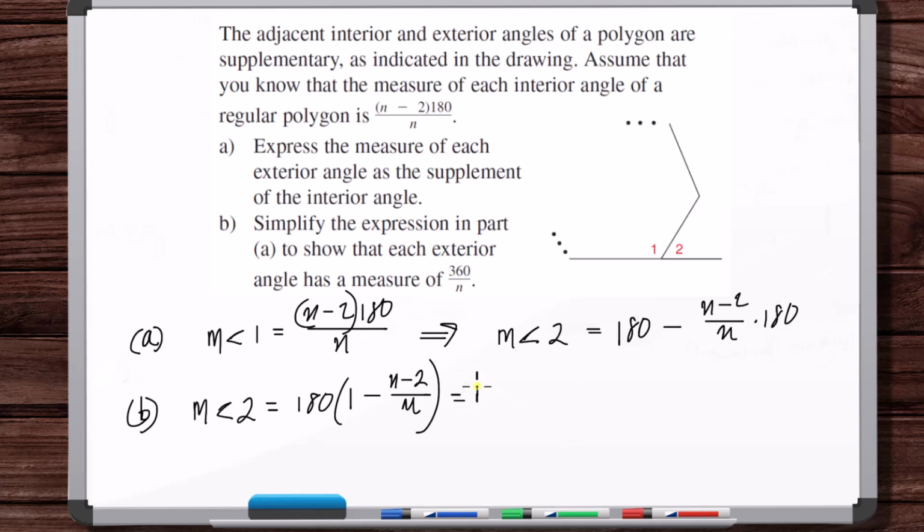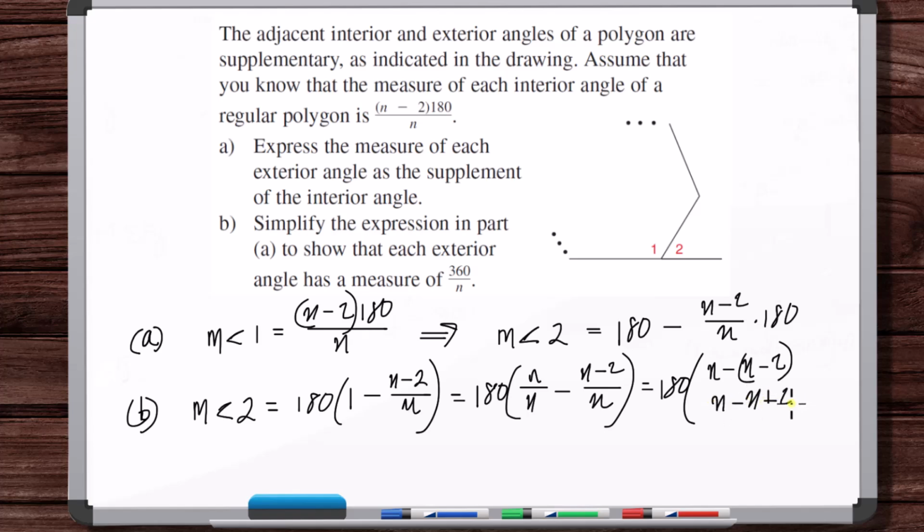So we can do n over n minus (n minus 2) over n. And n minus (n minus 2) is n minus n plus 2, so it's just plus 2, over n. So there you go. 180 times 2 is 360 divided by n.